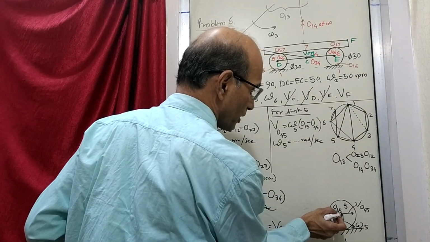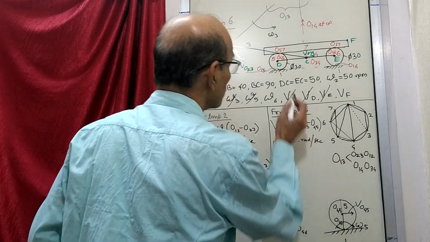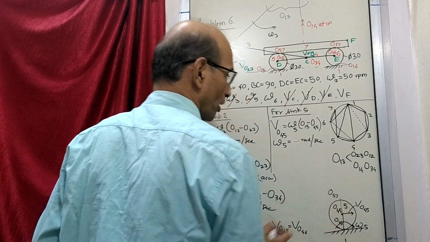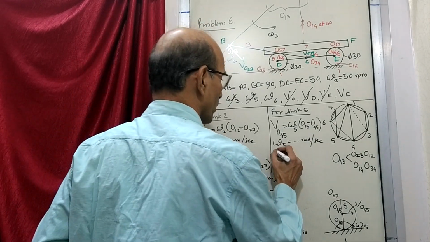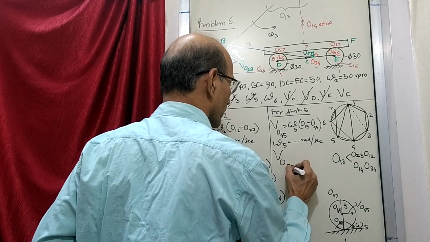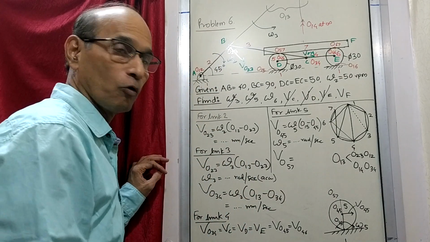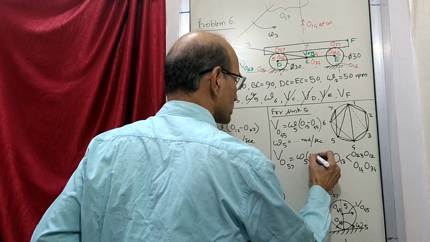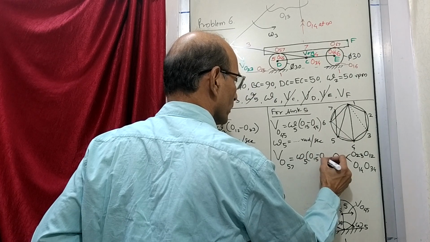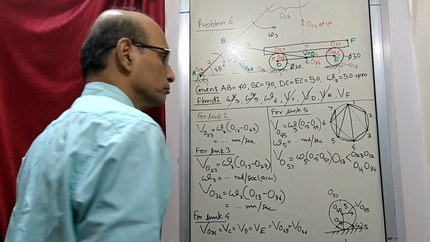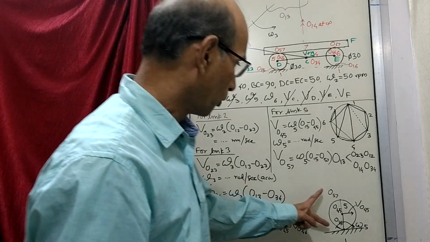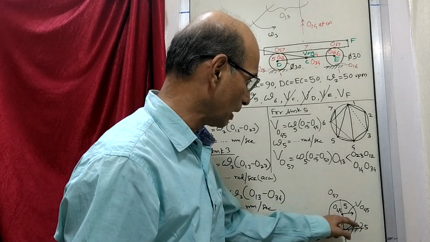So if you notice here there is point 57. So you can say velocity of O57. What will be the velocity of O57? It will be omega 5 and distance from 15 to 57. So 15 to 57 is this distance multiplied by omega.